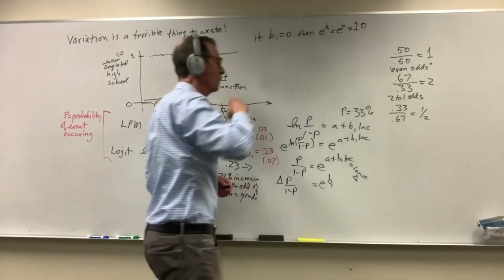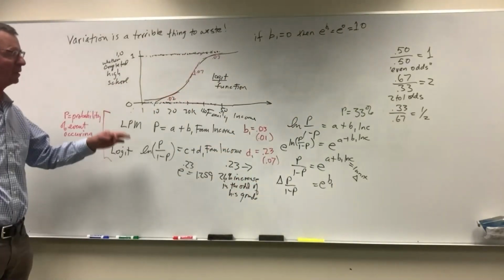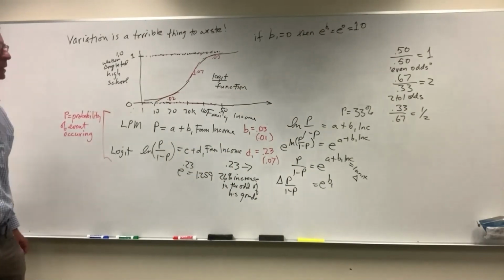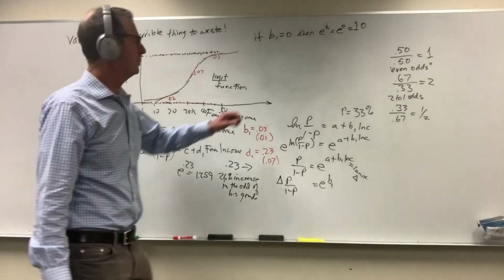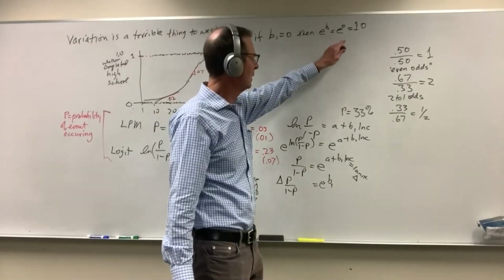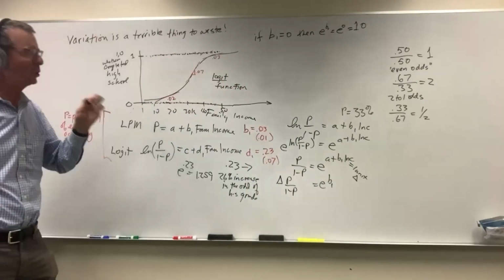So if there was no effect of income on the odds of graduating high school, we'd have an odds change, or an odds ratio, of 1.0.